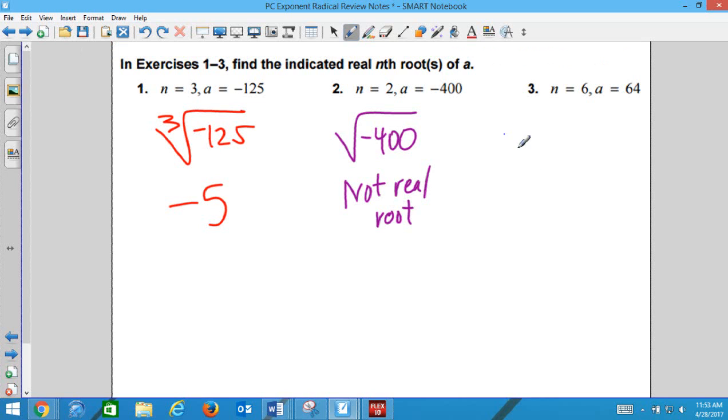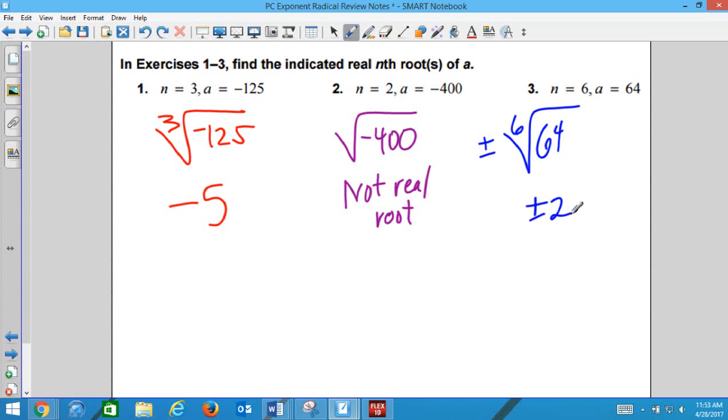And then the last one, we're doing the 6th root of 64. But since I am putting in the root myself, and this one's even, this one could be plus or minus. It's kind of like I'm solving an equation where I don't know if it's going to be plus or minus, so it could be plus or minus here.